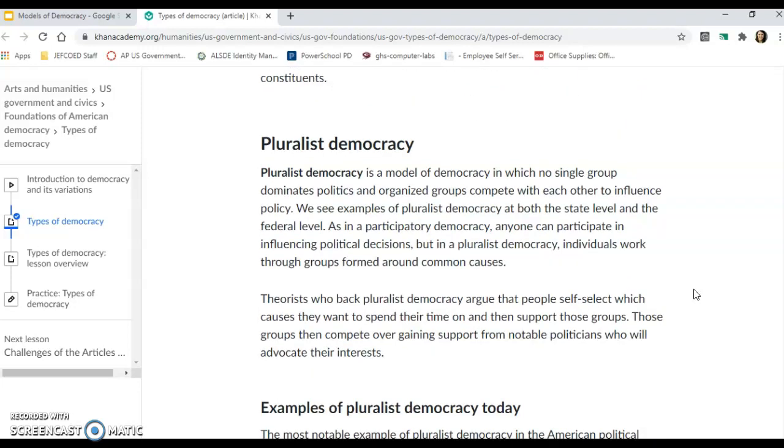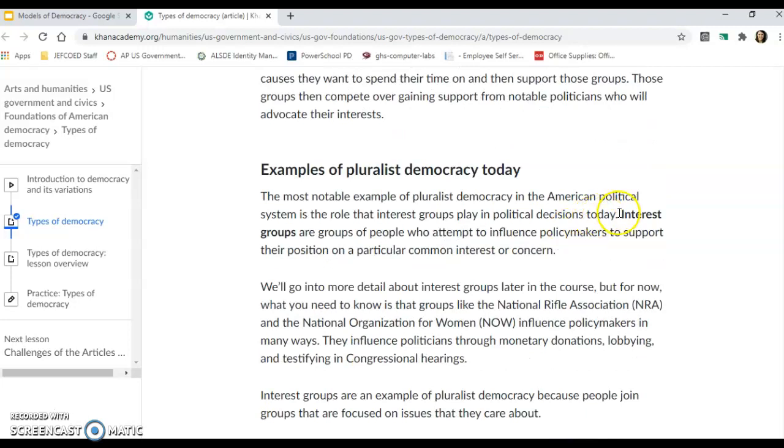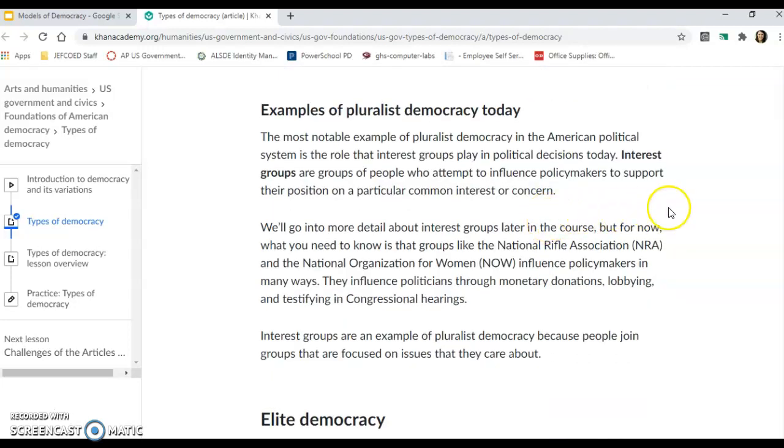And then here again is the pluralist. Sometimes when talking about it on a greater scale, we talk about it as hyper-pluralism, where no single group dominates politics and organized groups compete with each other to influence policy. Examples of this would be interest groups. That's probably the best example because we do have so many interest groups that really focus on particular areas in which they want to have advanced in government.